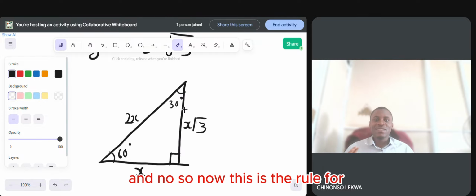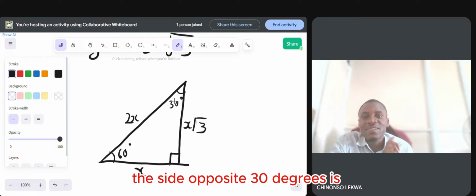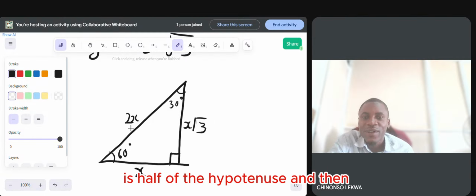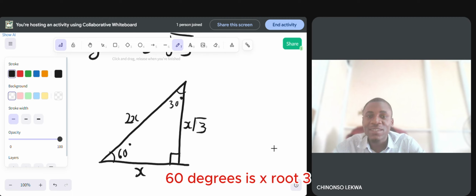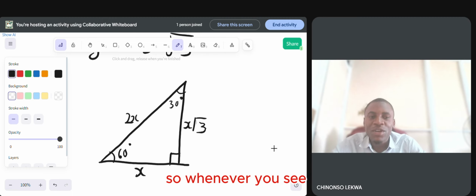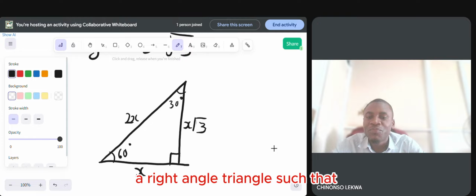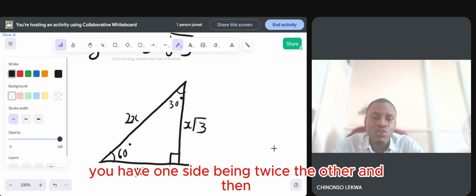So now this is the rule: the side opposite 30 degrees is half of the hypotenuse, and the side opposite 60 degrees is x root 3.